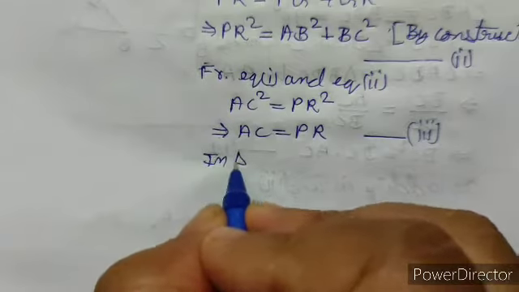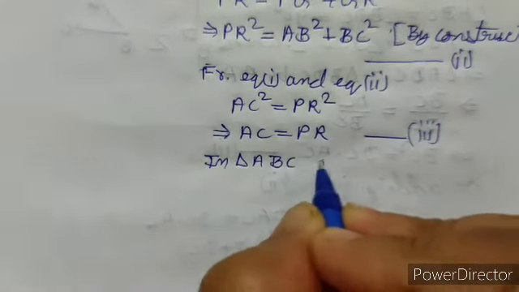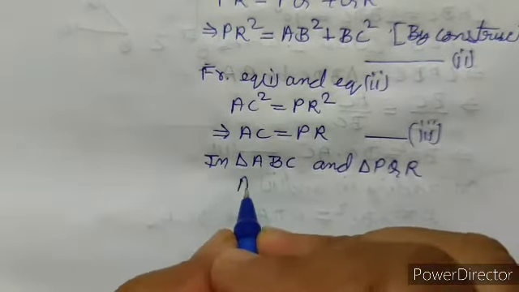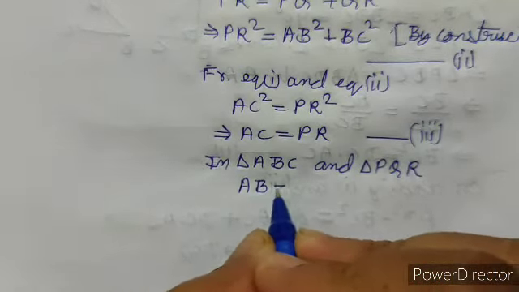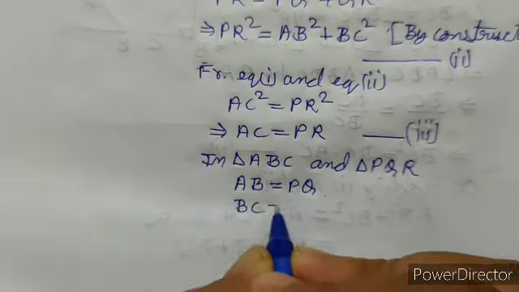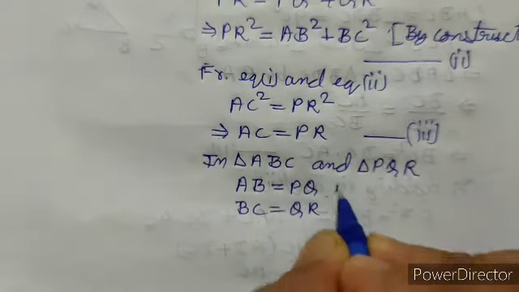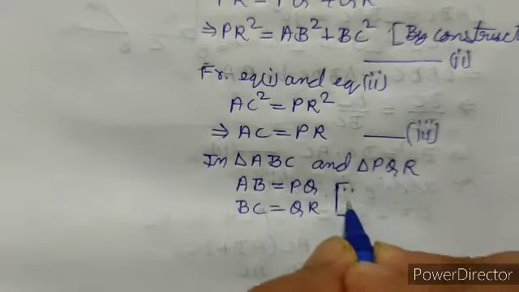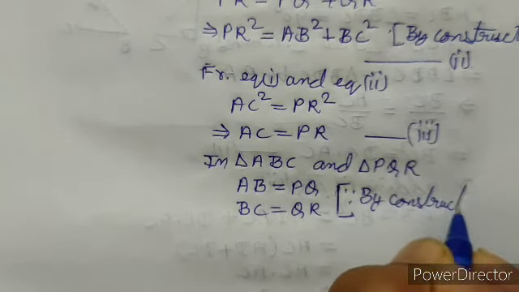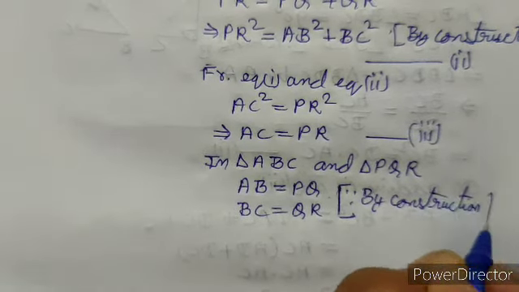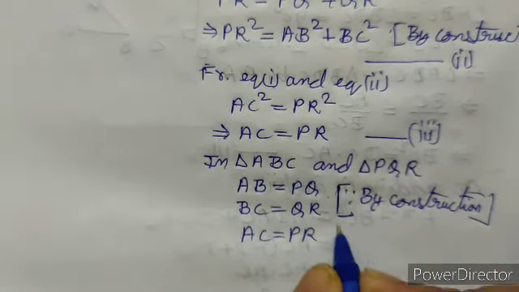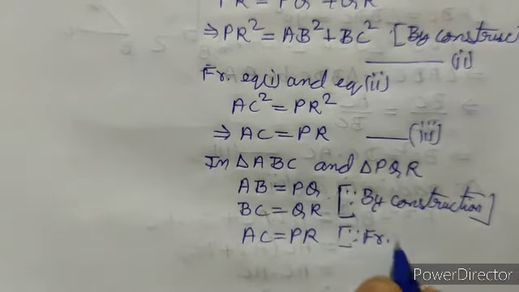Now in triangle ABC and triangle PQR, AB was equal to PQ, BC was equal to QR. This we have constructed by construction, and AC is equal to PR from equation third.